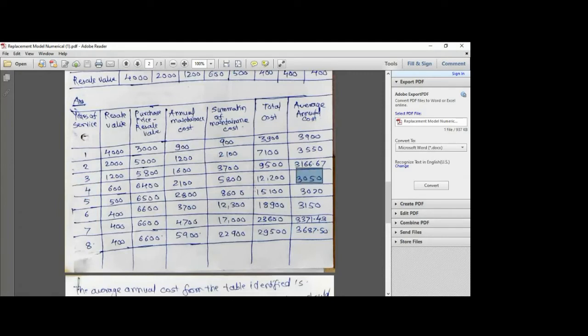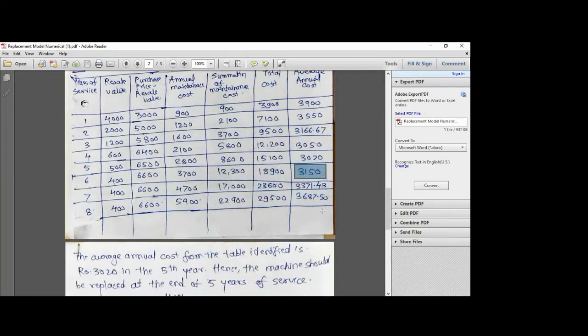After that, 15,100 divided by 5 is equal to 3,020. Nextly, we have 18,900 divided by 6, which is 3,150.